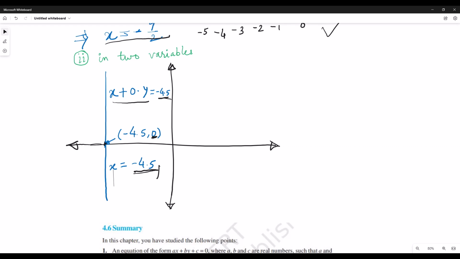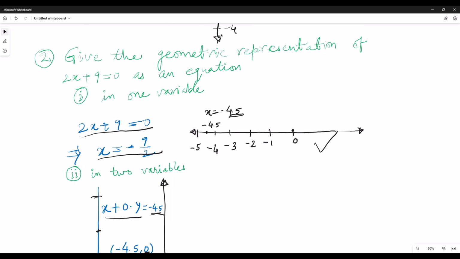On all the points on this line, x is minus 4.5. So the value of x is fixed and y is changing. So y can be anything. That is how we represent the equation in one variable in a coordinate plane.